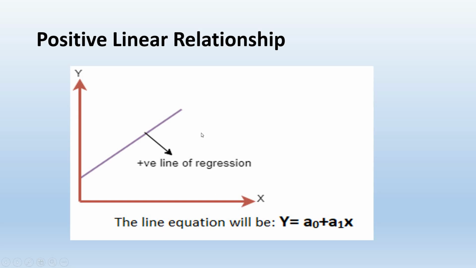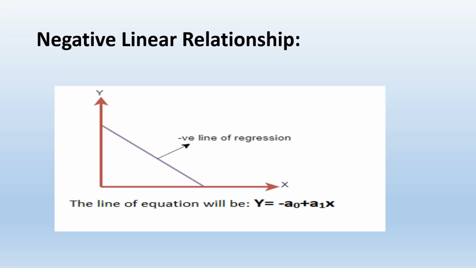This is called a positive regression line. Coming to the next one, the negative linear relationship, which comes down. This is the negative line of regression, where y equals minus a0 plus a1x. The equation will have some minus values for negative regression. So it shows one kind of negative relationship.